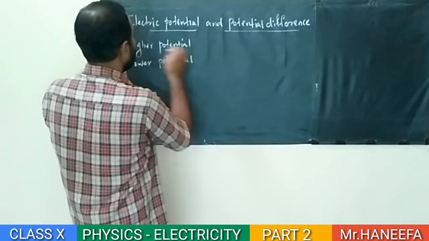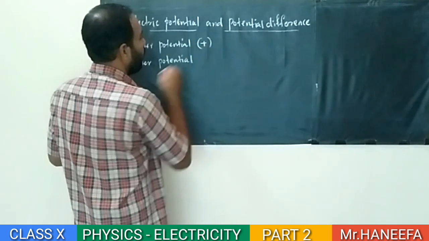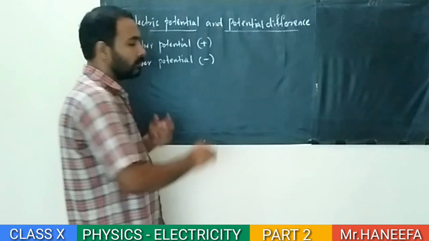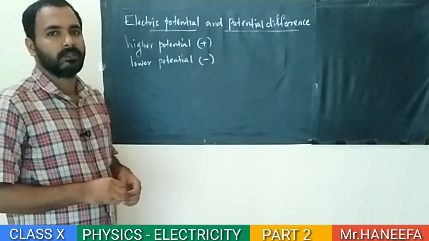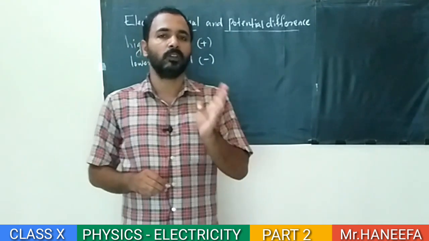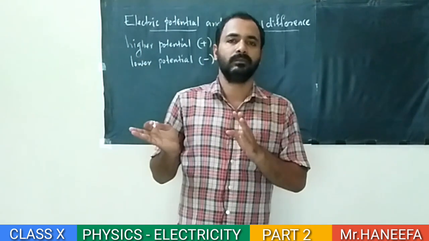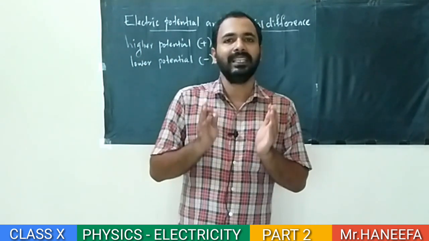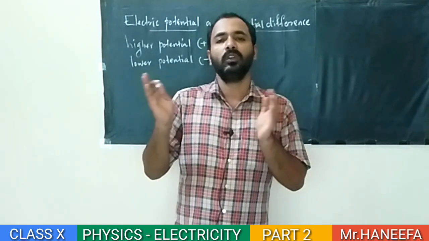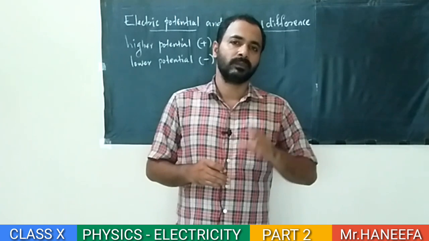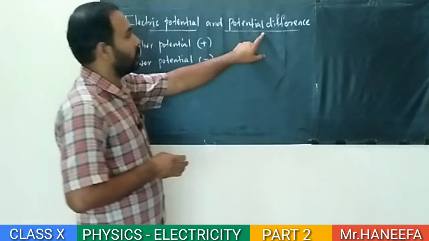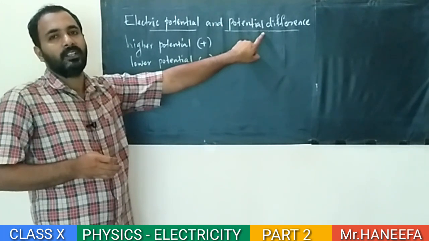So higher potential means plus, lower potential means minus or negative. Okay, so electric current flows from positive to negative. That means electric current flows from higher potential to lower potential. This change in potential is called potential difference.